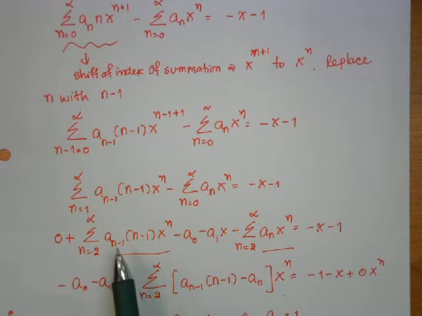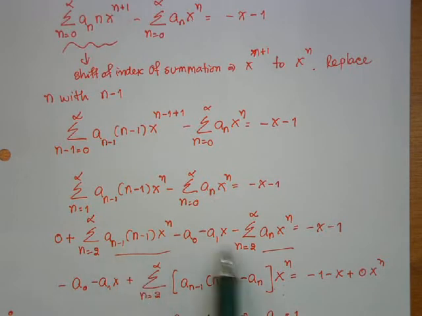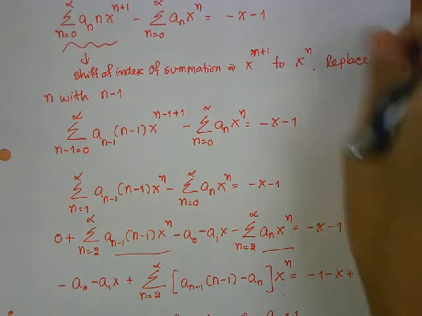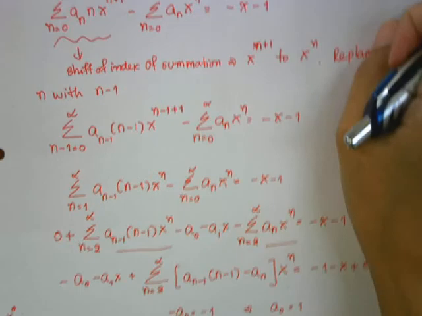Now these two terms I can combine together, right? I can combine them because they have the same power of x, and also the same n range, starting from 2 until infinity. Now I rearrange the terms again.